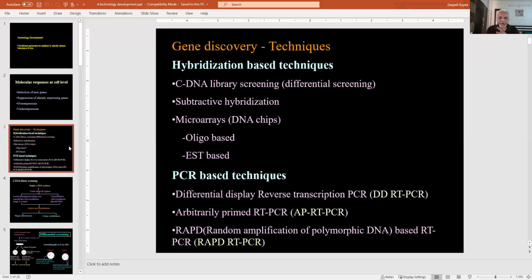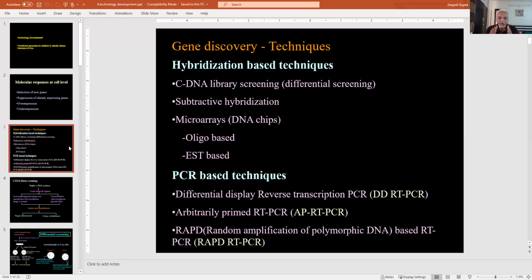I studied two aspects of this. One is identifying genes which may be responsible for abiotic stress tolerance or management of abiotic stresses like drought, salinity, and flooding. Another aspect which we worked on in my group is to understand the molecular basis of development.